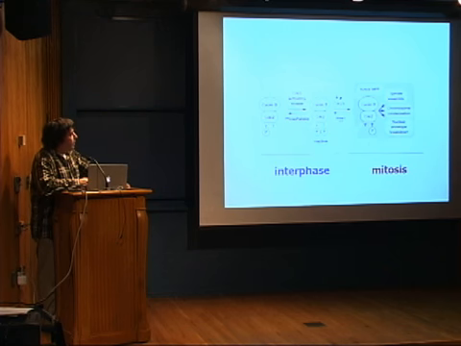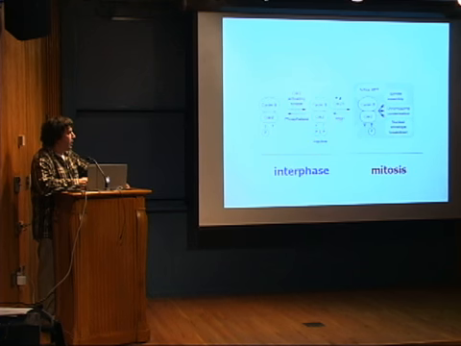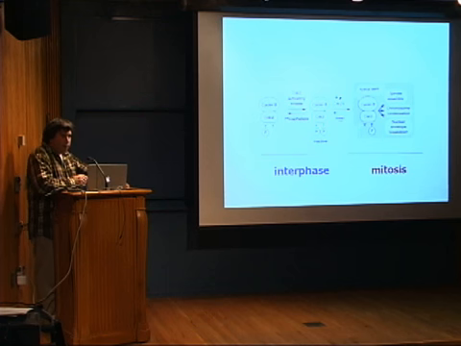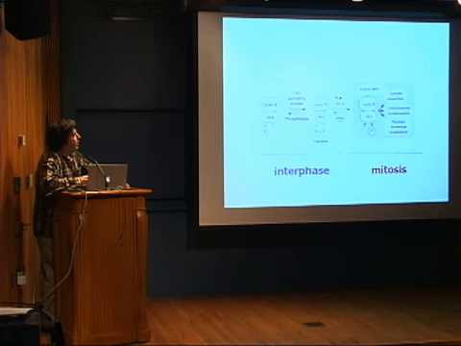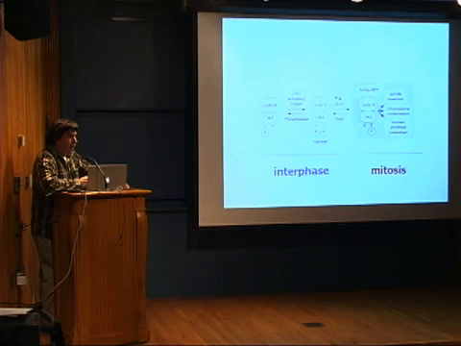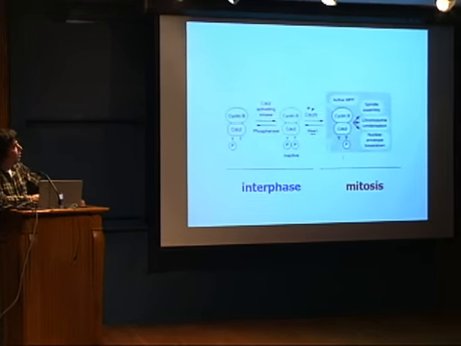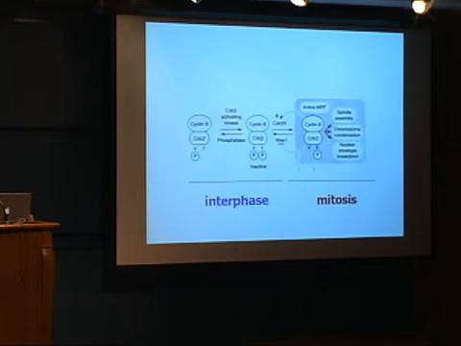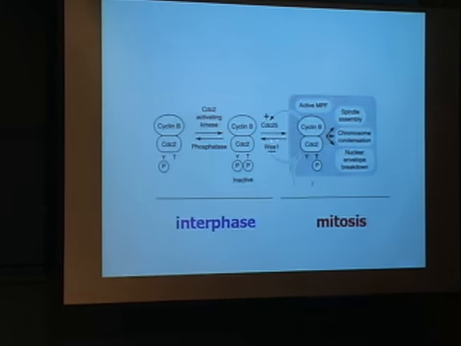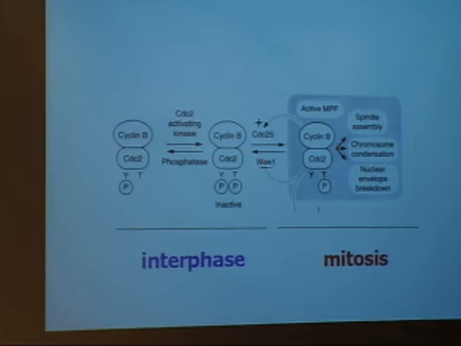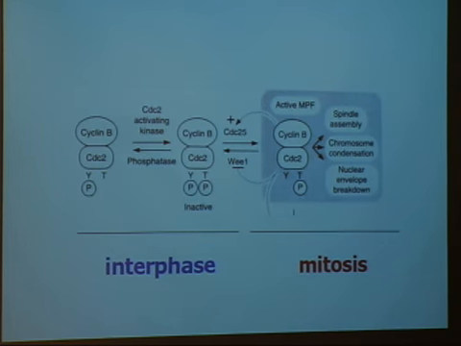There's a tyrosine marked here on CDC2 that is a substrate for the Wee1 protein kinase. When that tyrosine is phosphorylated, this CDC2 cyclin B kinase is inactive and cells cannot enter mitosis. There is a phosphatase that acts in the reverse direction of the Wee1 kinase that removes that phosphorylation.